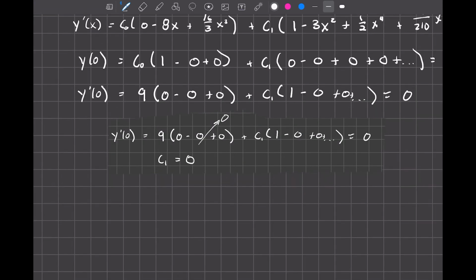And here the 9 times 0 will cancel out, so c sub 1 equals 0.